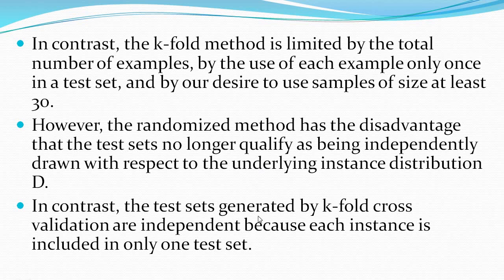In contrast, the test sets generated by k-fold cross-validation are independent, because each instance is included only once in the test set. Whenever you randomly choose some examples as a test set and the remainder act as training examples, then also, in contrast to the k-fold method, we consider that an example comes only one time in the test set.